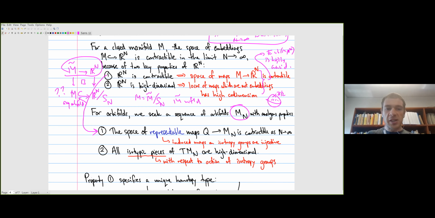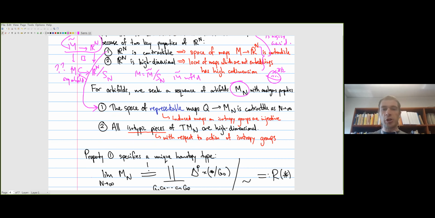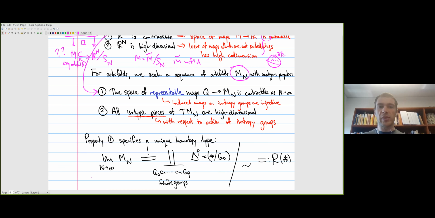So property one specifies a unique homotopy type. It's some universal property about what maps into it look like, so it's not surprising. You look at the two-category whose objects are finite groups, morphisms are injective group homomorphisms, and two-morphisms are conjugations between group embeddings.